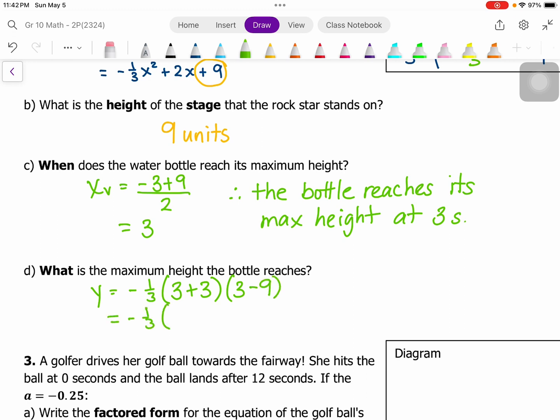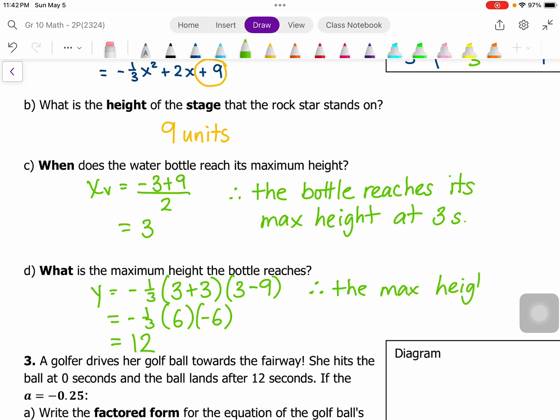So 3 plus 3 is 6, 3 minus 9 is -6, so I have a negative times a negative, so my final answer will be positive. 6 times 6 is equal to 36, and divide that by 3, that is equal to 12. So the maximum height of the bottle is 12 units.